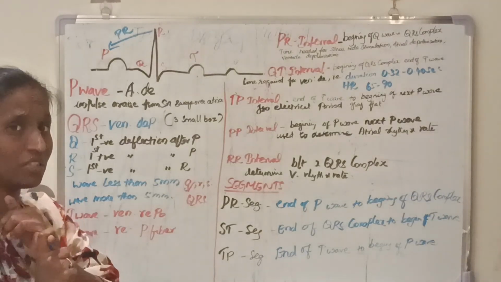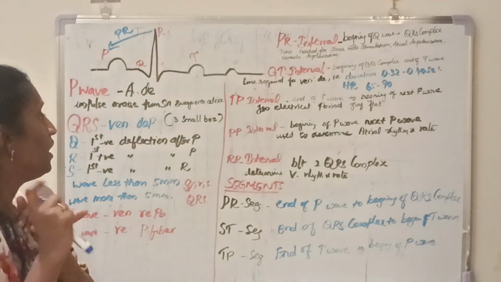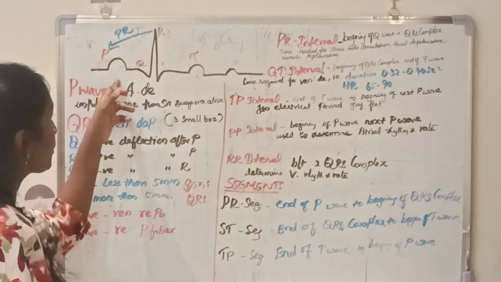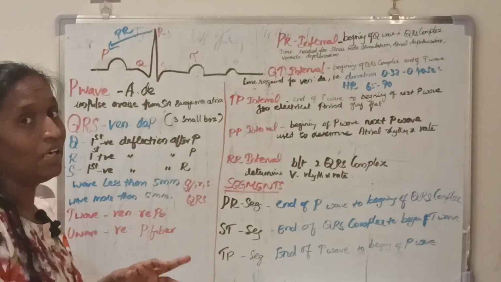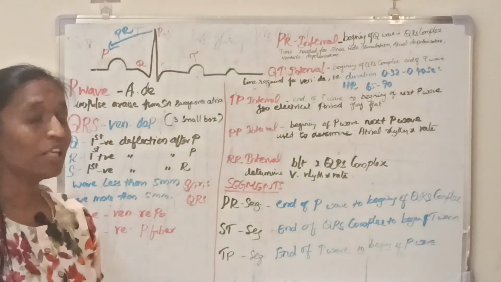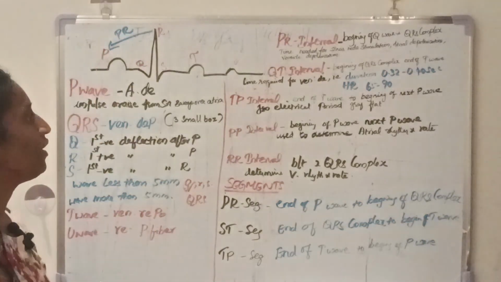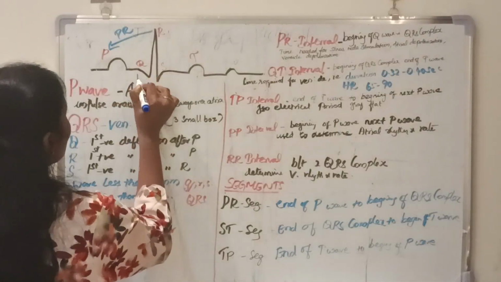The P wave represents the node getting stimulated so that the atrial depolarization takes place. So the sinus node stimulation, atrial depolarization and then ventricular depolarization. The QRS complex represents the ventricular depolarization. So this is what happens in a PR interval. The next is the QT interval.